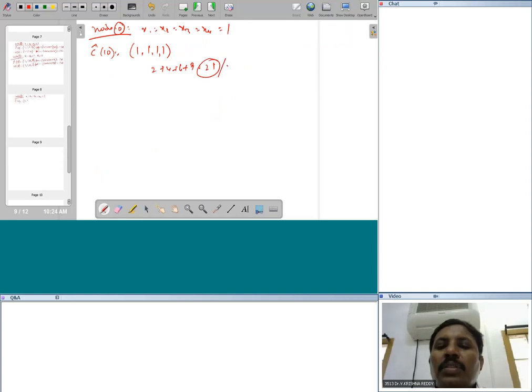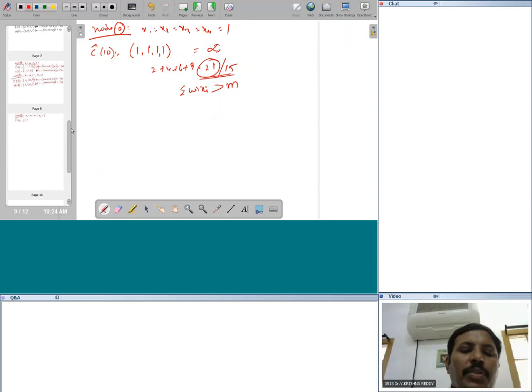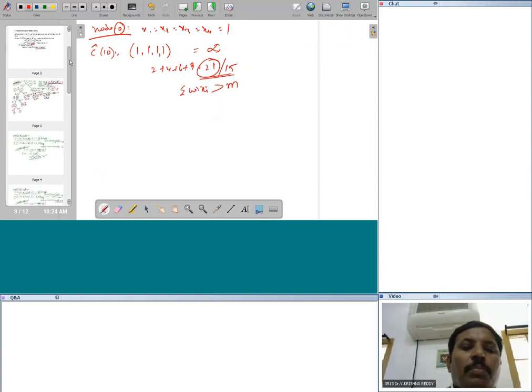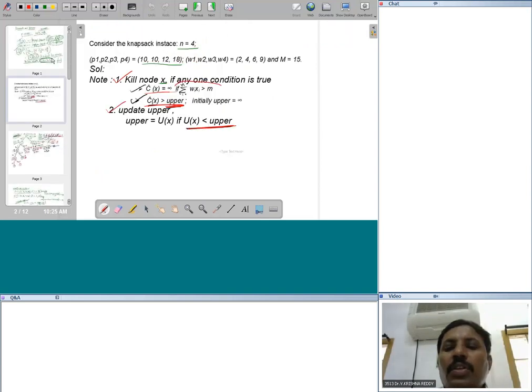But the capacity of the knapsack is 15. Is it possible to place? If the sum of the weights of the selected objects exceeds the maximum capacity, then C cap of x we place as infinity. That is the first condition. Please observe in the bounding condition: if the sum of the weights of the objects placed in the knapsack is greater than m, then there is no need to calculate C cap of x.